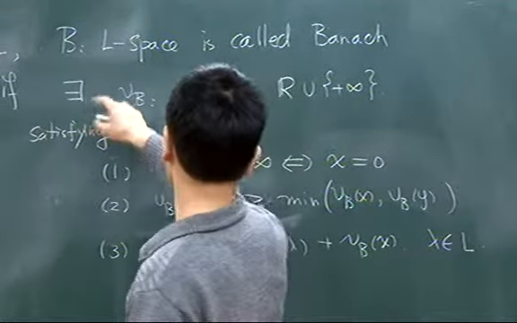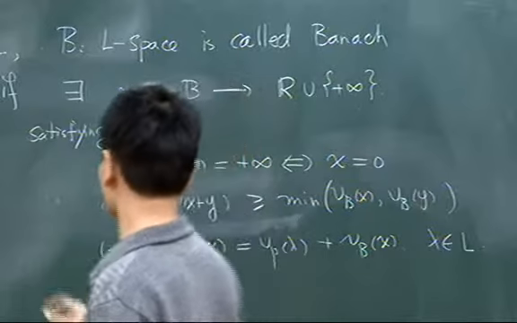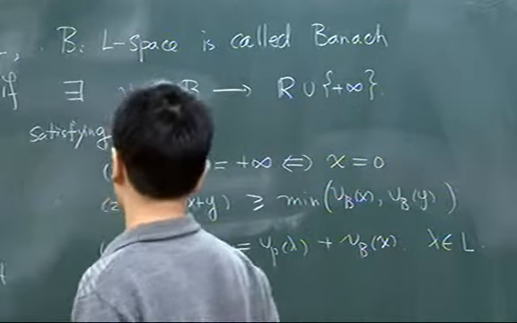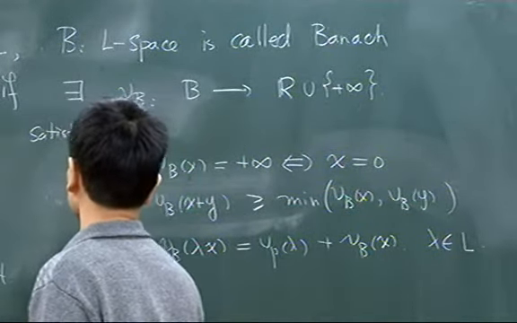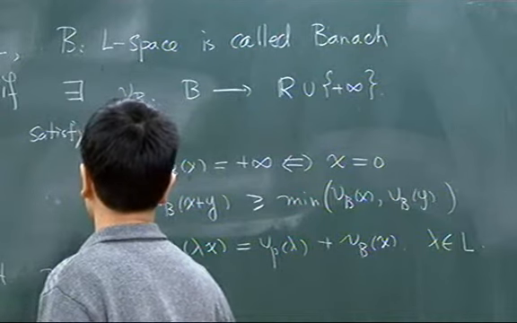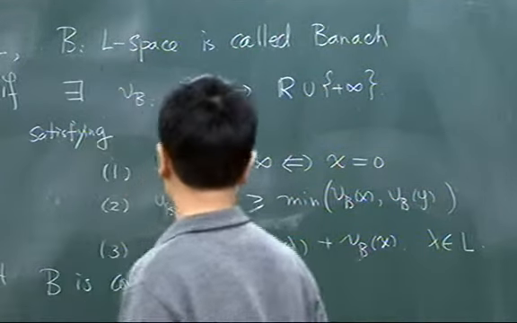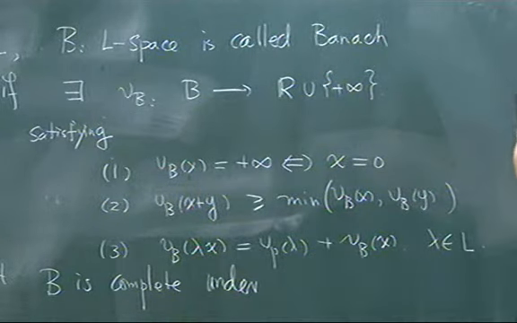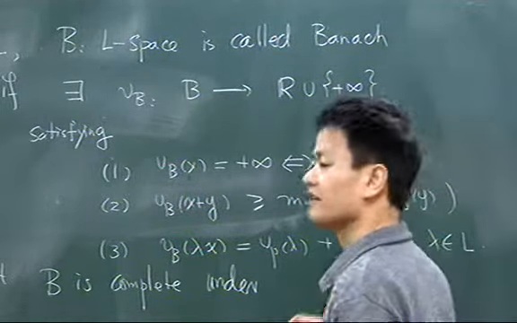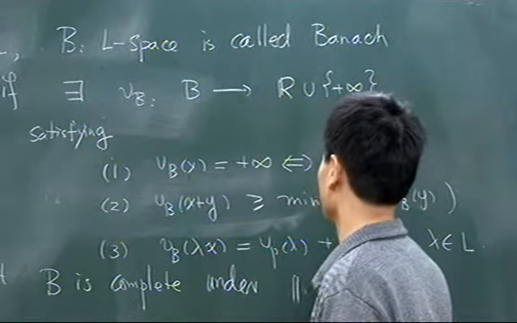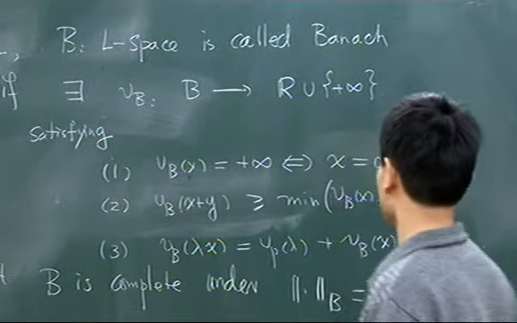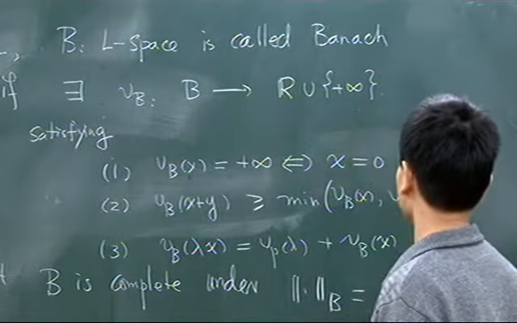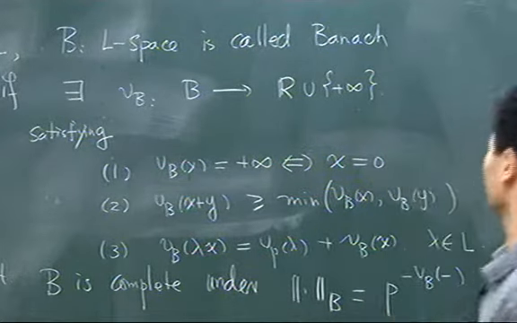So if there exists this kind of semi-valuation such that B is complete under the valuation, or we can also say under the metric, the metric is just p to the minus v_B.